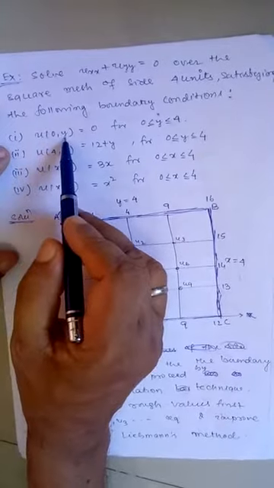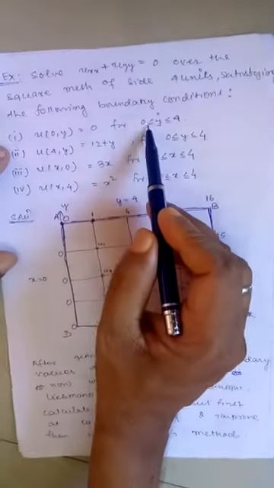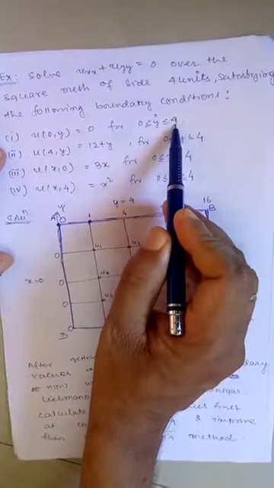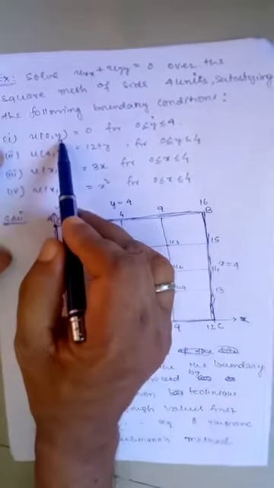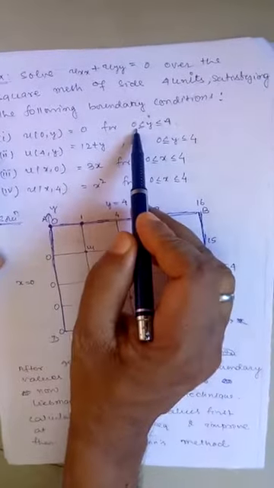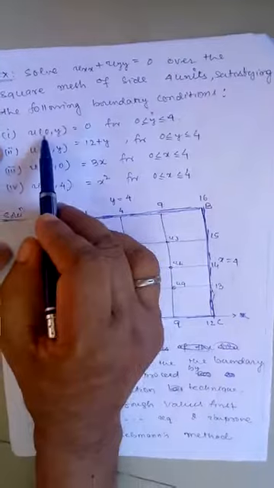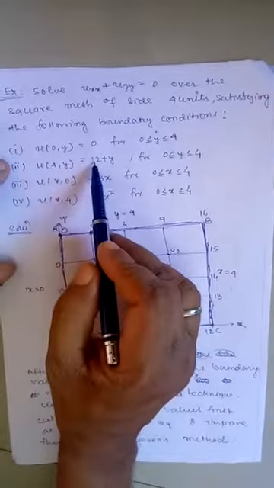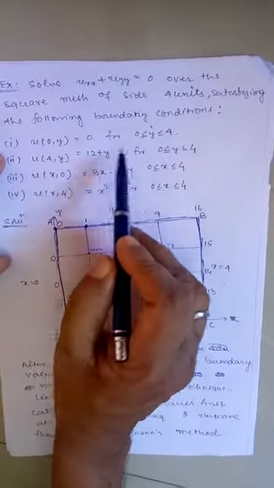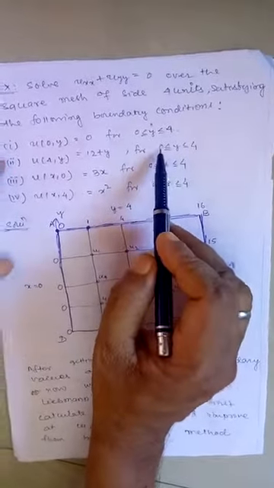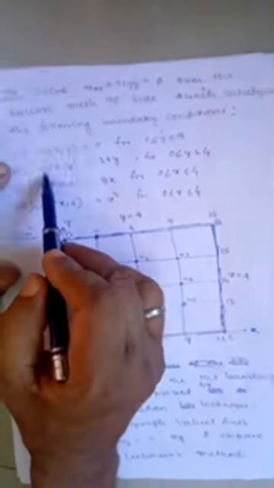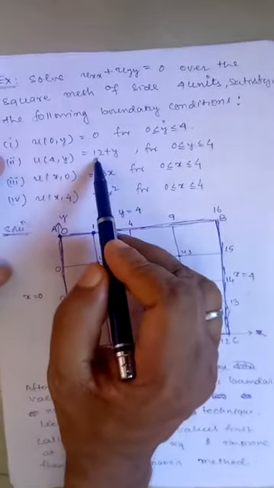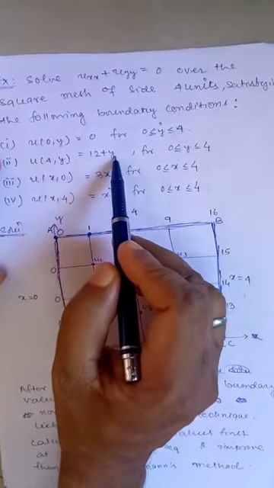u of 0 comma y equal to 0 and y lies between 0 to 4. Whatever value of y it may be, if x is 0, the value of u will be 0, and u of 4 comma y is equal to 12 plus y. Whatever value of y between 0 to 4, if x is 4, I can have the value of u as 12 plus y.